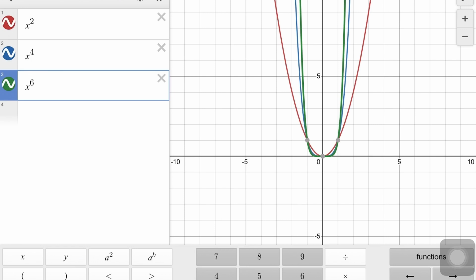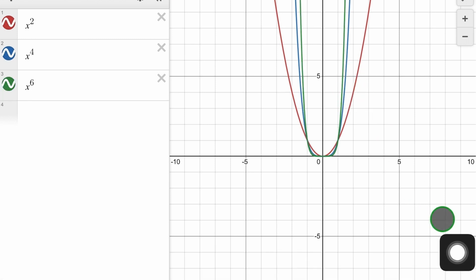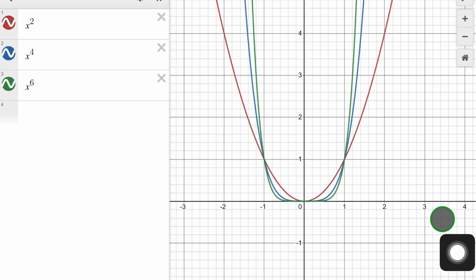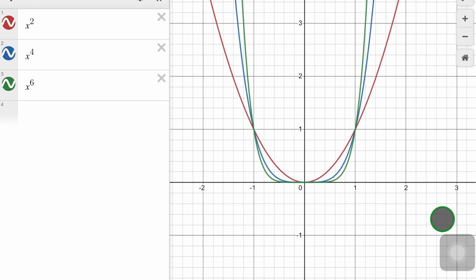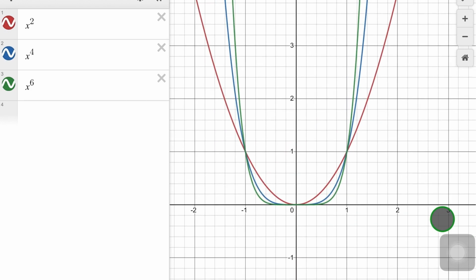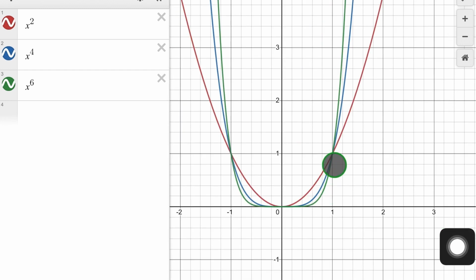So you observe here, all the graphs have the same nature. The red one is x square, the blue one is x to the power 4, and the green one is x to the power 6. So all have the same nature. The only difference is in the values. At x equal to 1, all values are 1. At x equal to minus 1, x square, x power 4, and x power 6 are all 1.